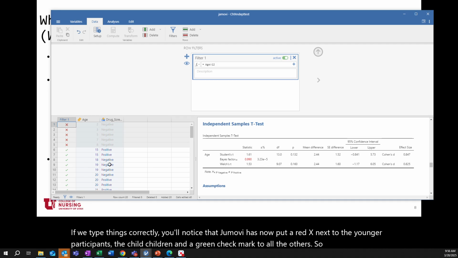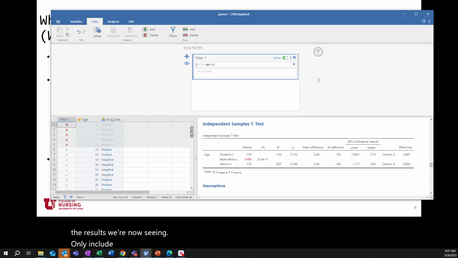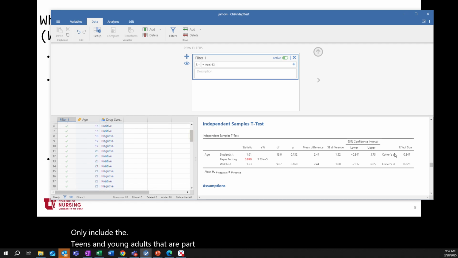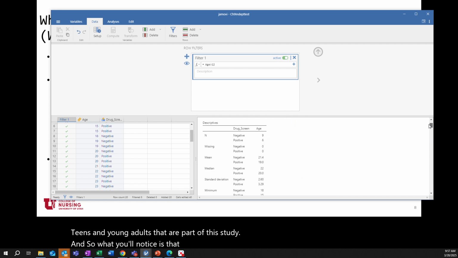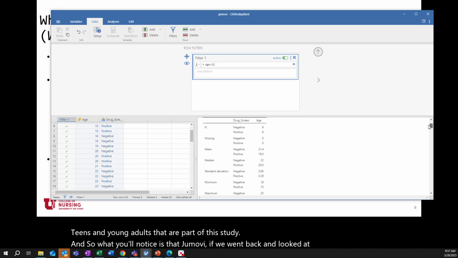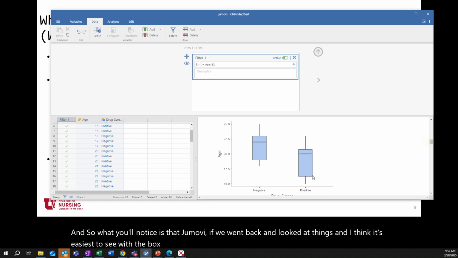That means the results we're now seeing only include the teens and young adults that are part of this study. It's easiest to see with the box plot: these box plots are much more similar to each other now, and everything gets changed based on this filter.